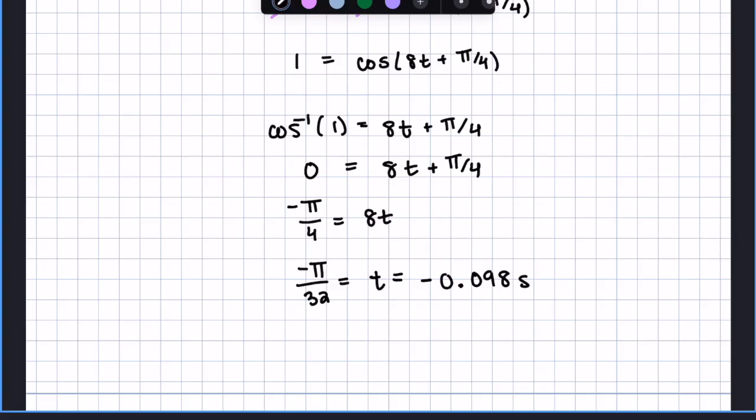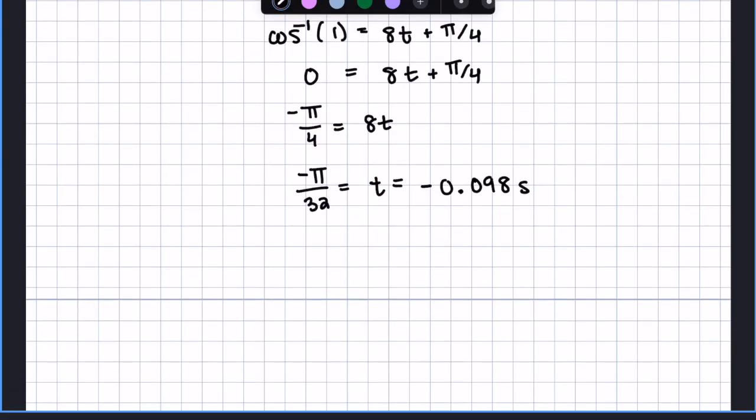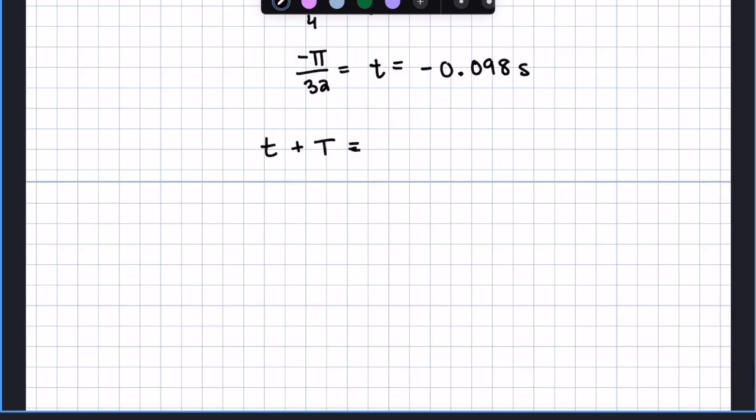So the next solution that you can check, the one they're actually looking for, is the t that you found here plus the period, which we can get because we know omega. So I'm going to start that anew.